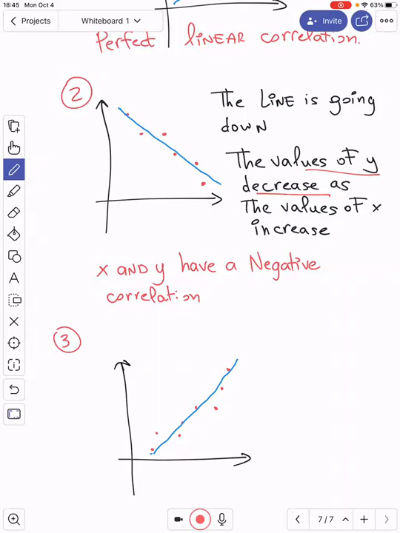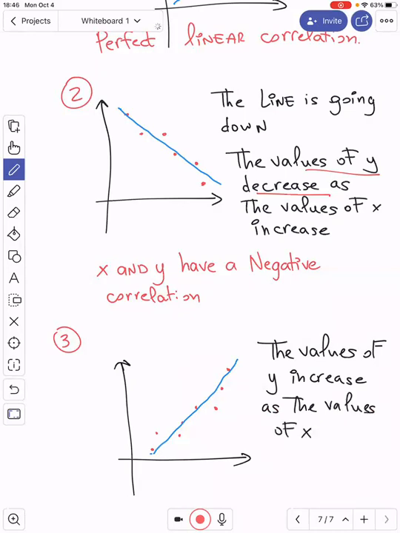So the values of Y increase as the values of X increase, okay? The values of Y are increasing.